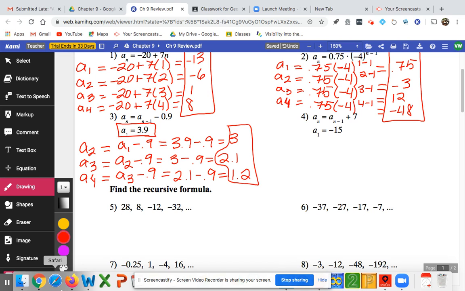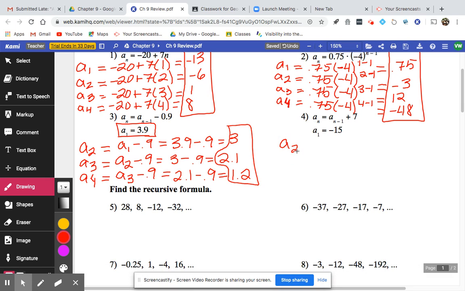Number 4, set up pretty much the exact same way. We're finding A2, A3, and A4 with each time we're taking the term immediately before it, and this time we're adding 7. So they give us A1, which is negative 15. That's good to know. So we have A1 plus 7 this time, which is negative 15 plus 7 equals negative 8.